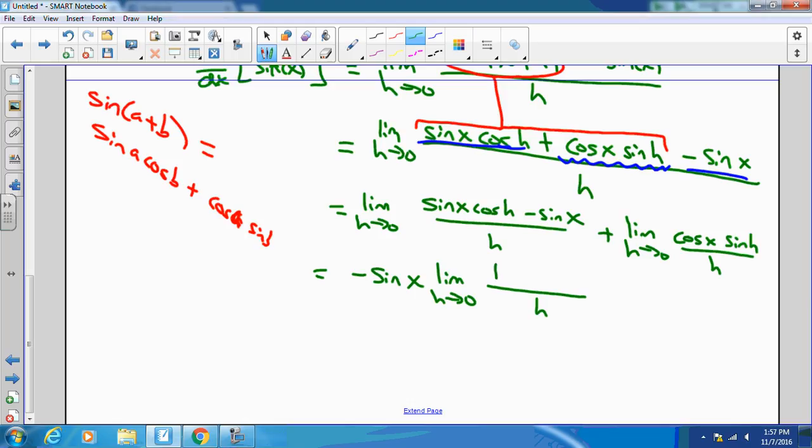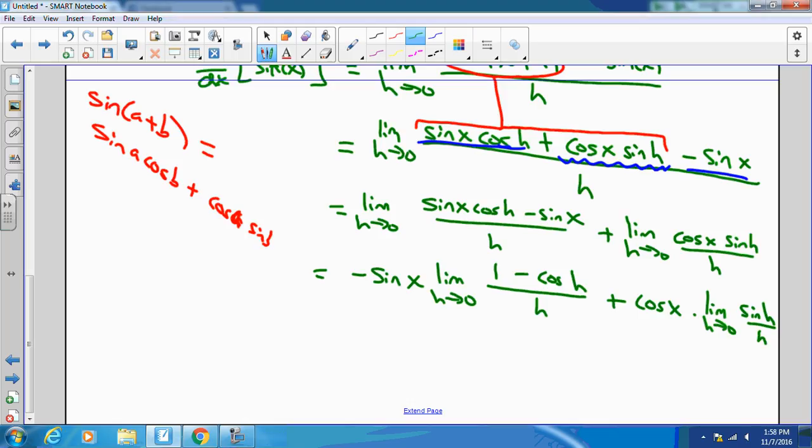Because when I do, then in the top, factoring out negative sine x from this term leaves me with 1. Factoring out negative sine x from this term leaves me with cosine of h. And in this term, I'm going to factor out the cosine x, leaving me with the limit as h goes to 0 of sine h over h.